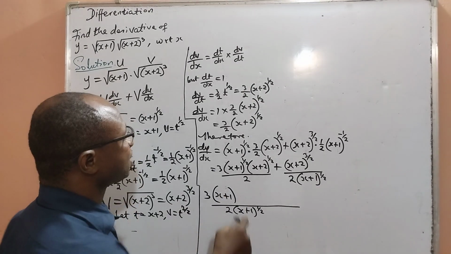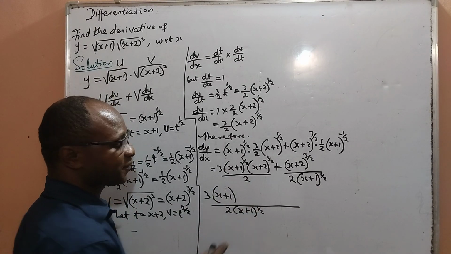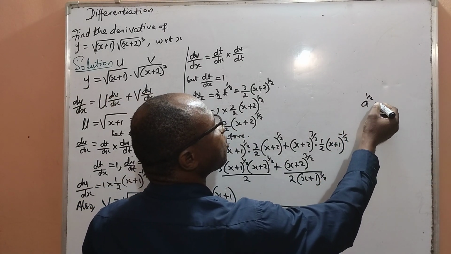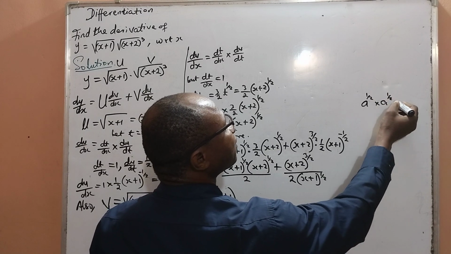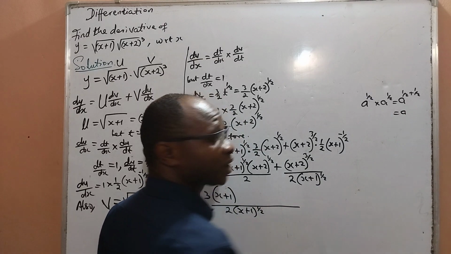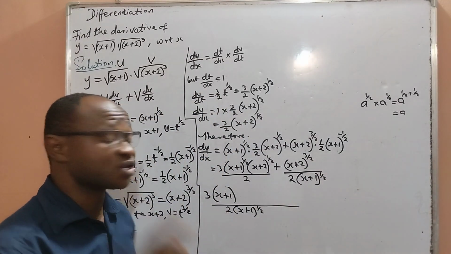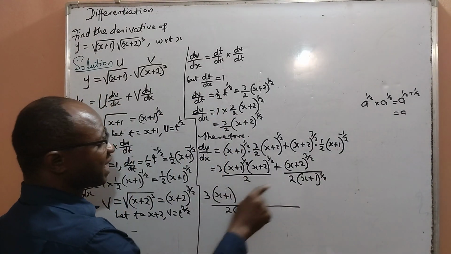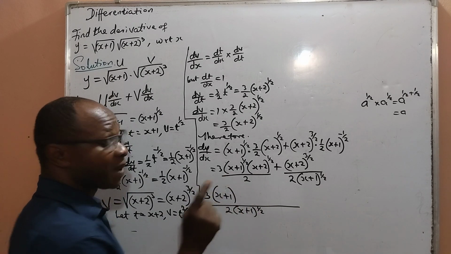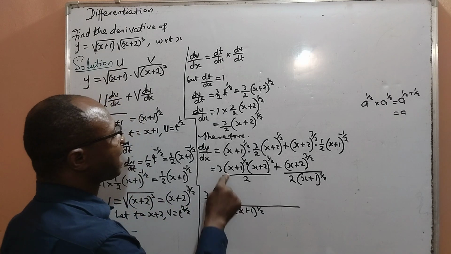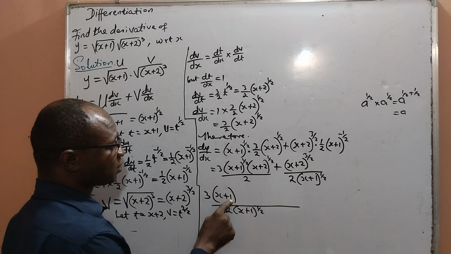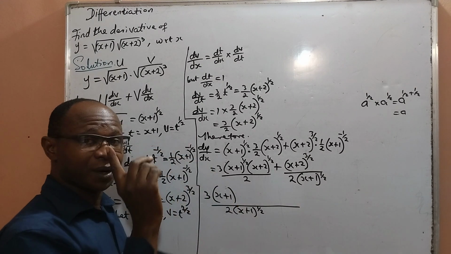By law of indices, half plus half: if I have a raised to the power half multiplied by a raised to the power half, it is a raised to the power half plus half, which is equal to a. Therefore, if I divide the LCM by 2, I have (x plus 1) raised to the power half, and using it to multiply (x plus 1) raised to the power half, it is simply going to give me x plus 1, raised to the power 1.